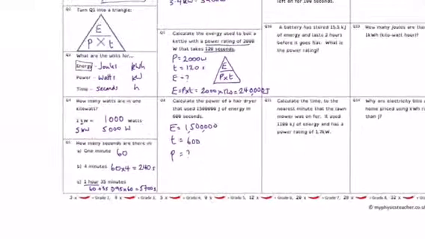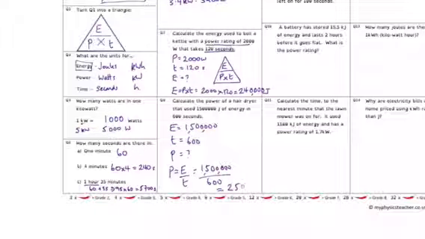So again, we look for our relevant equation, and we see that if we cover up power, that gives us energy divided by time. So the energy, 1.5 million divided by 600 gives us 2,500 watts.